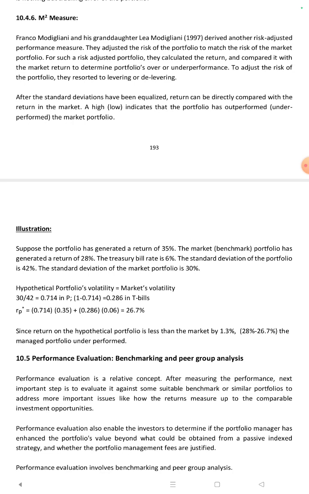To adjust the risk of the portfolio, they resorted to leveraging or deleveraging. After the standard deviations have been equalized, the return can be directly compared with the return in the market. A high value indicates that the portfolio has underperformed the market portfolio.